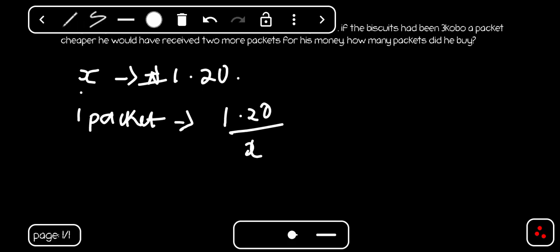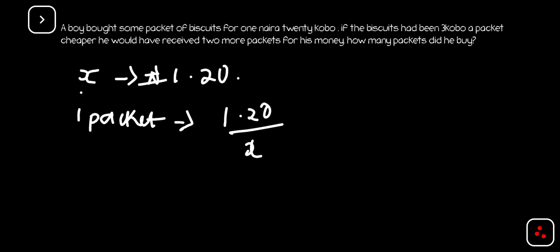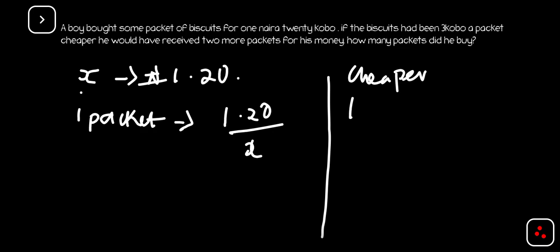But now that is the first part. But they are saying that if it was 3 kobo a packet cheaper, so this is the amount he bought one packet. So if it was cheaper, we're going to separate this like this. So the cheaper side, one packet, will now be 1.20, that is 1 naira 20 kobo over X, minus 3 kobo.